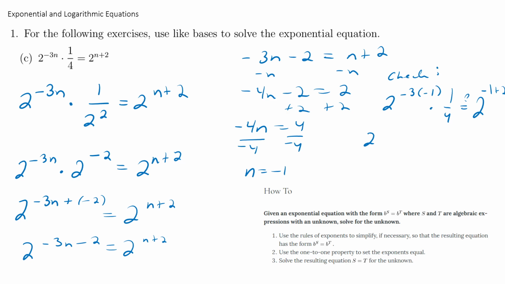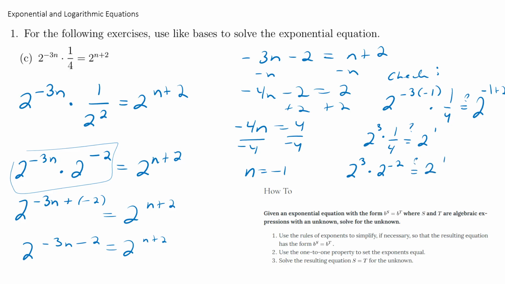So is 2 to the positive 3 times 1 over 4 equal to 2 to the first power? And then if we rewrite this, that 4 there is actually going to be 2 to the negative 2, just like we did over here in our steps, right? So is that equal to 2 to the first power?